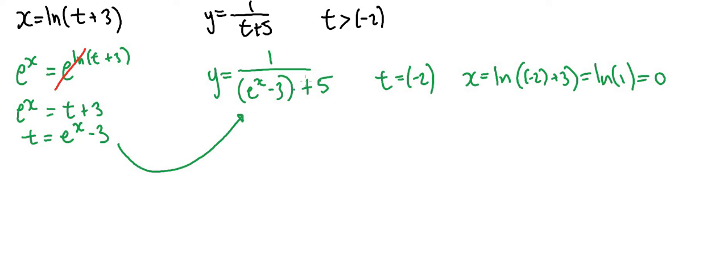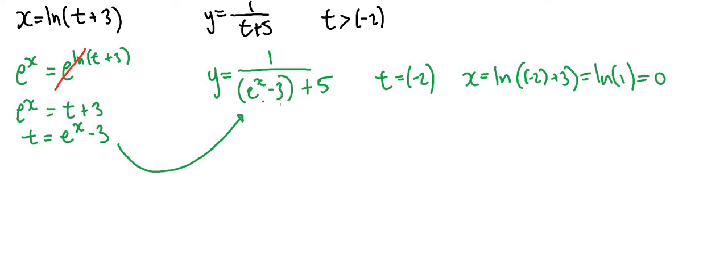Now, there's no limit to this. As t gets bigger, our e to the x will keep getting bigger, and that means we will get a smaller answer.